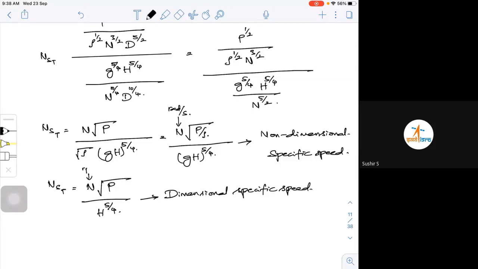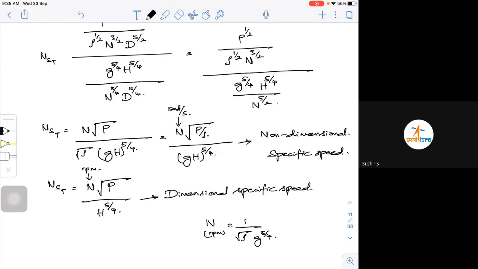So what I am trying to do, your n in RPM is equal to 1 by root rho into G to the power of 5 by 4, so that this becomes a dimensional number.